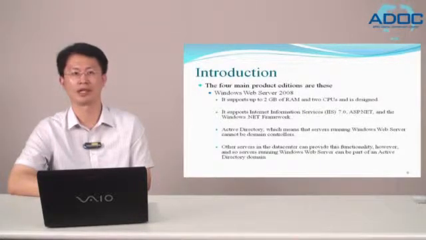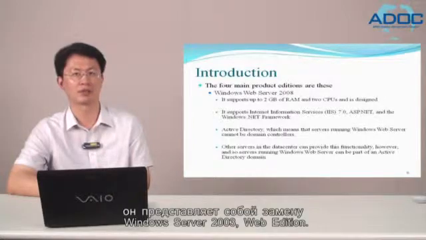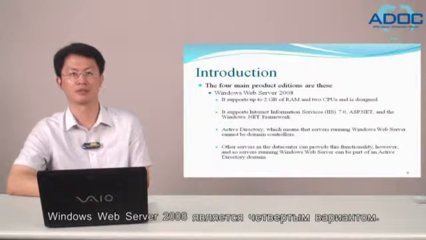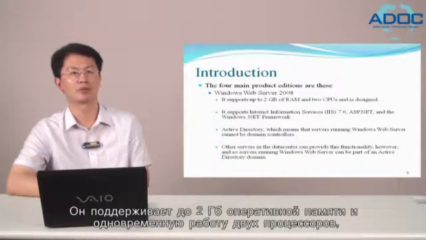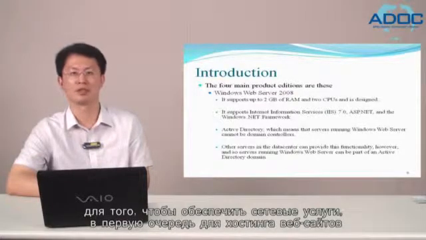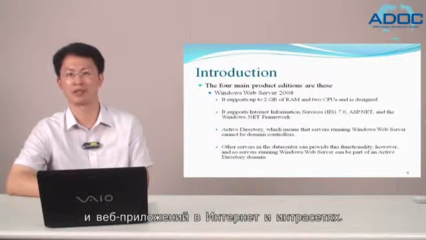Windows Web Server 2008, available in 32-bit and 64-bit versions. This is the replacement for Windows Server 2003 Web Edition. Windows Web Server 2008 is the fourth option. It supports up to 2 GB of RAM and 2 CPUs, and is designed, as the name implies, to provide web services primarily for hosting websites and web-based applications on the internet and intranet.